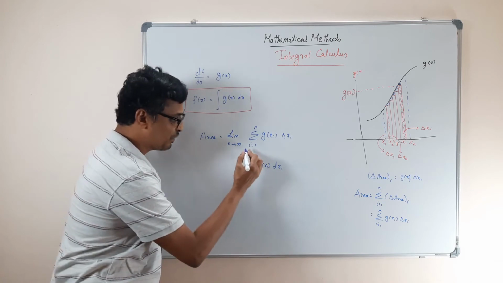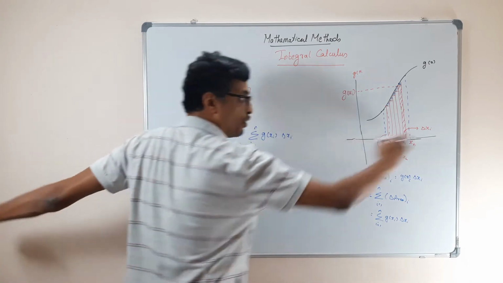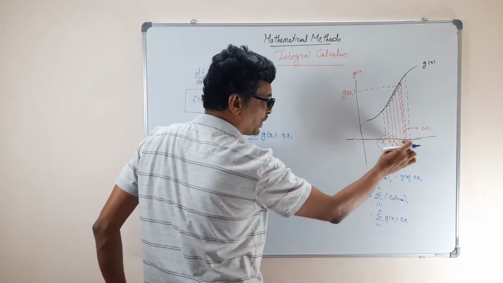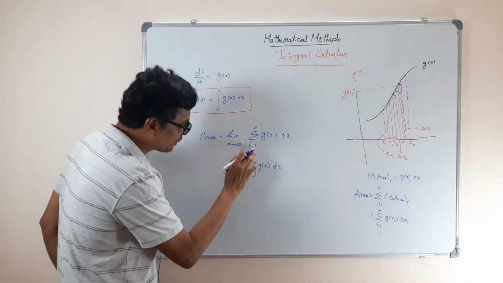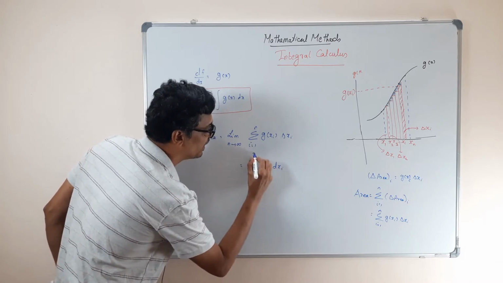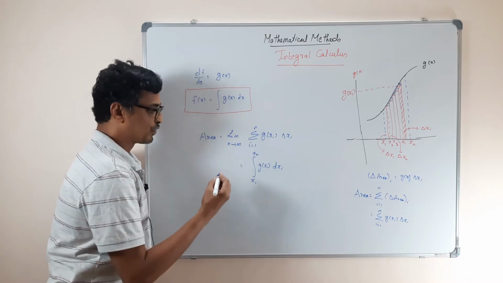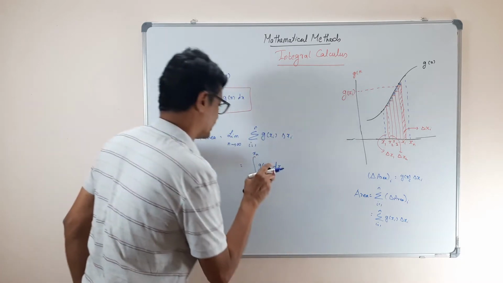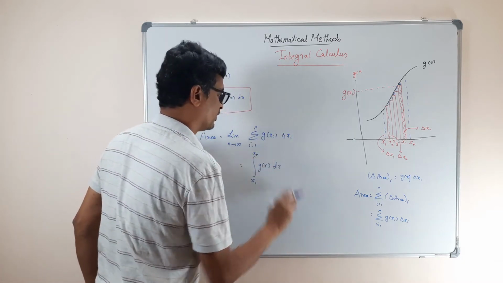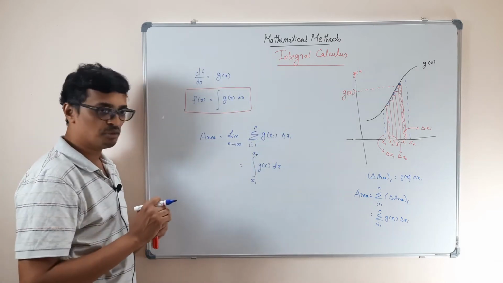You are not adding over all space, you are adding from x1 to xn, correct? That's what i equal to 1 to n means. So this will be x1 to xn. Oh sorry, this will be x, not xi. So this is how we write it.